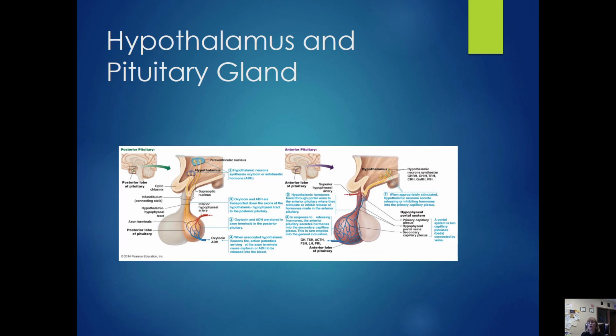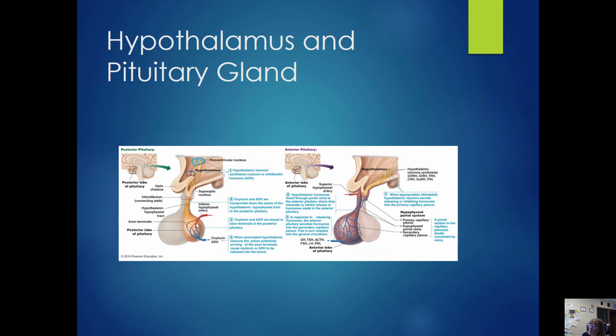Okay, so really quickly, we need to understand the relationship between the hypothalamus and the pituitary gland. We'll take a look at the posterior pituitary. We call it the neurohypophysis because we have neurons that originate in two nuclei within the hypothalamus called the paraventricular and supraoptic nuclei.